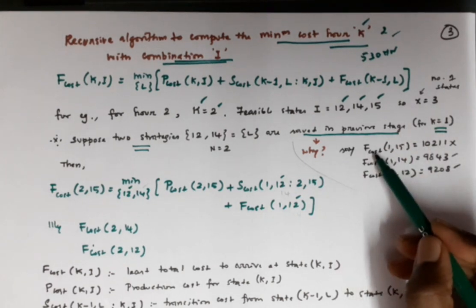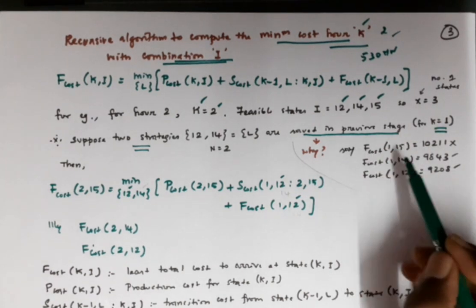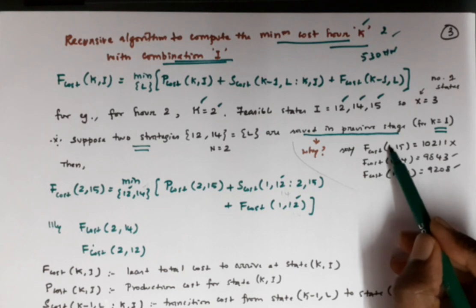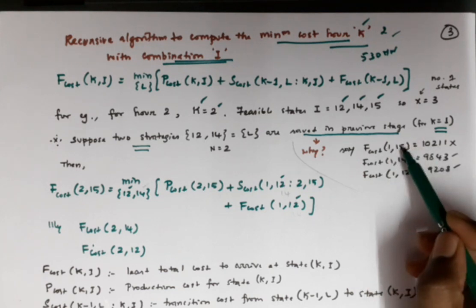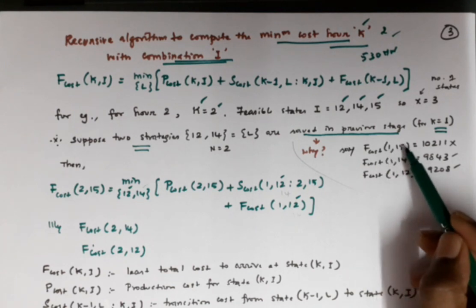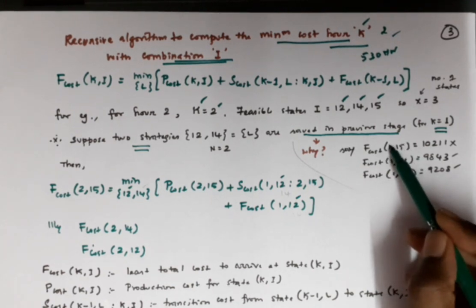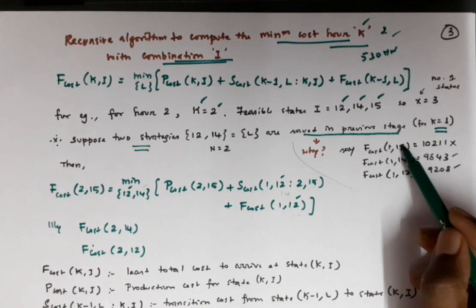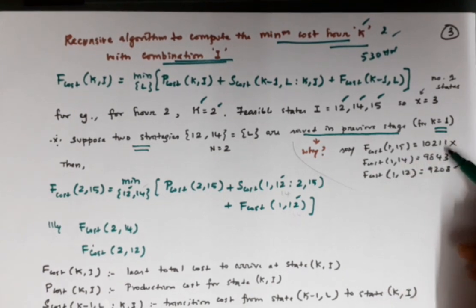Say the fuel cost for the first R, that is k equal to 1, with feasible states 15, 14 and 12. If you solve the given problem, you will get the fuel costs to be 10,211, 9,843 and 9,208.